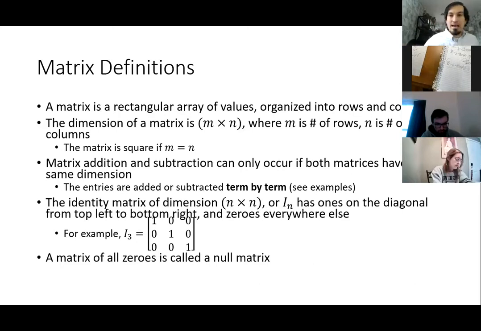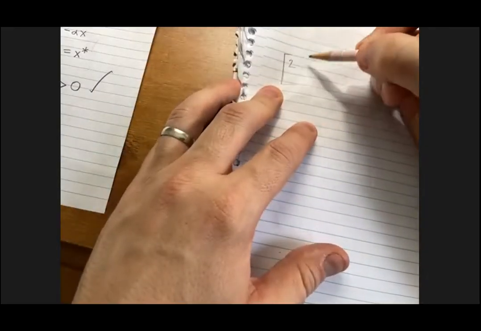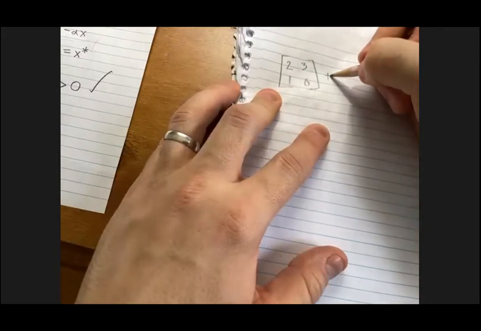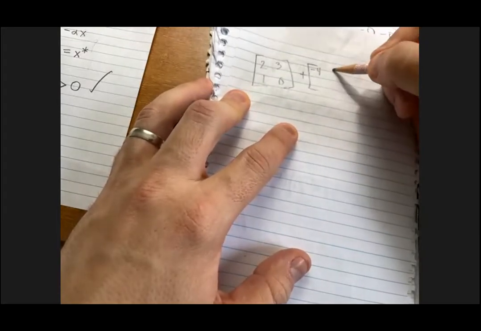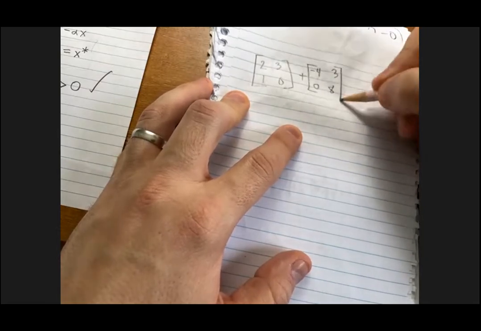So let's do an example of that. Here is an example of a 2x2 matrix plus another 2x2 matrix. What do I get?